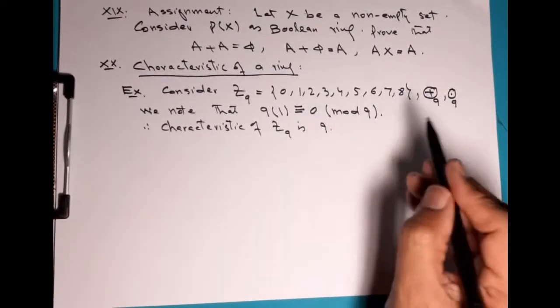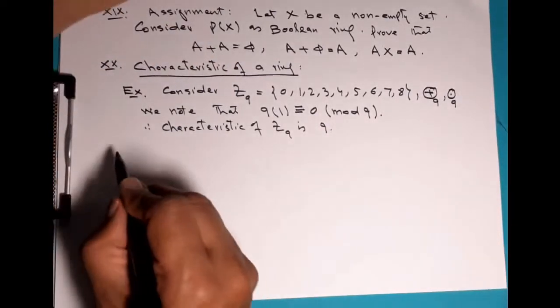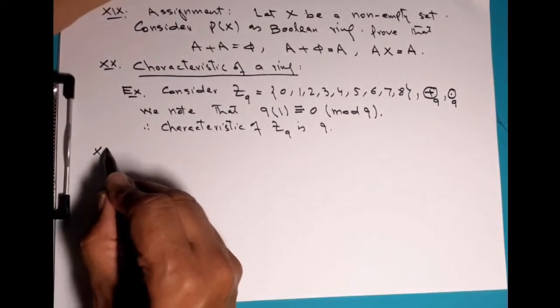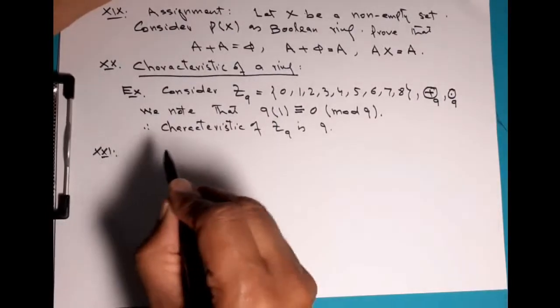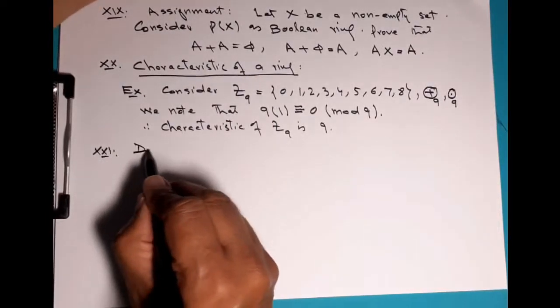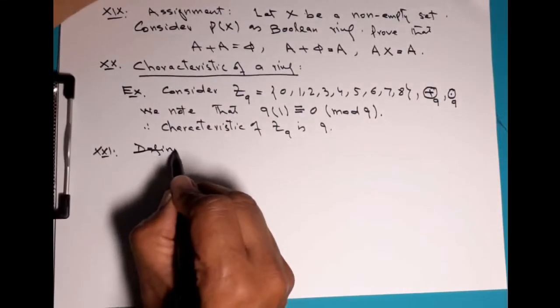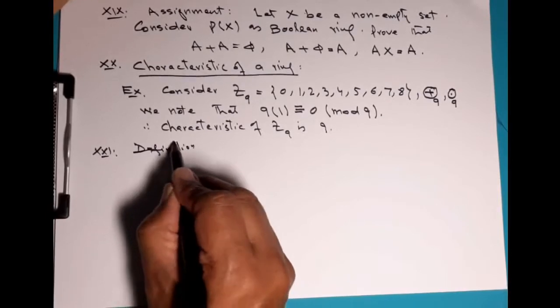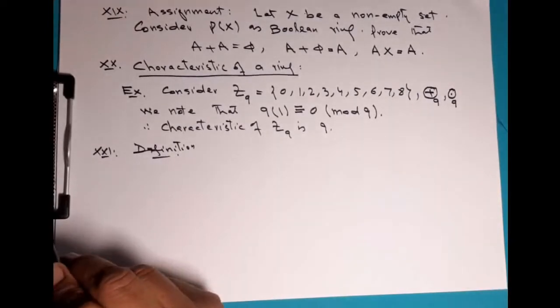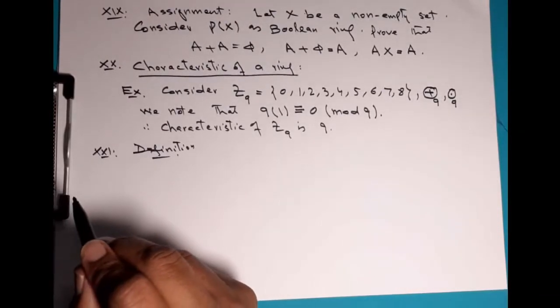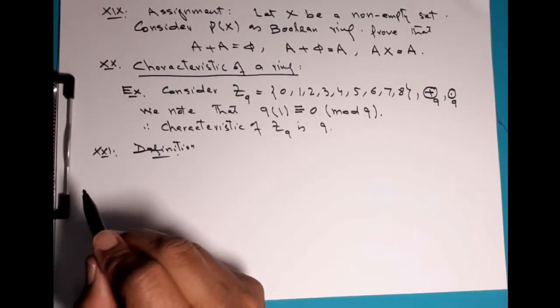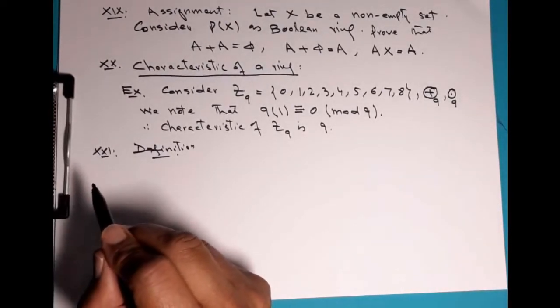So let me define that. Definition. Note that when we define characteristic, the ring has to be a ring with identity.